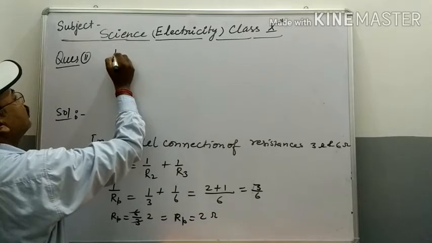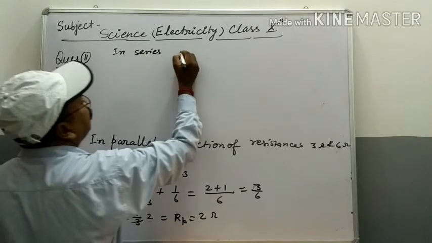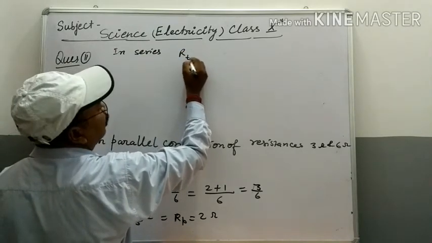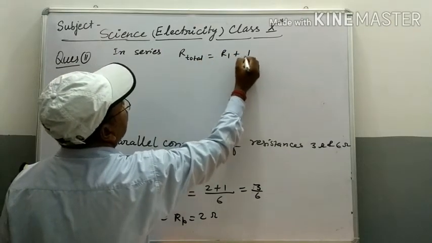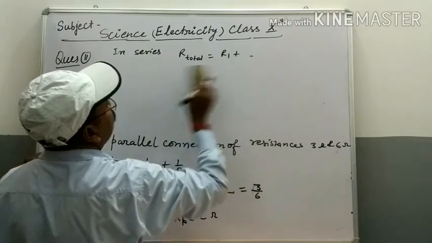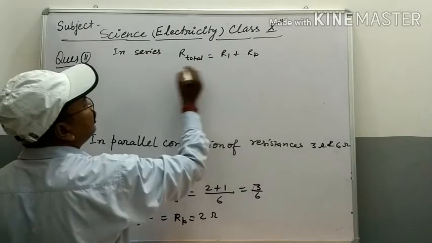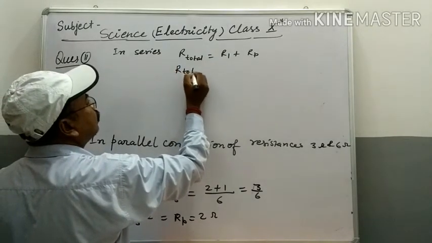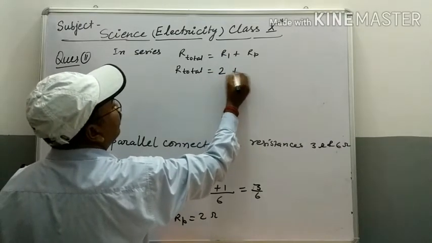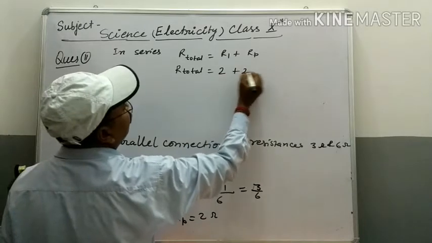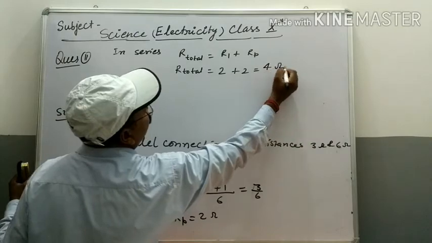In series, R total equals R1 plus Rp, the value of the parallel connection resistance. R1 is already given as 2 ohm and Rp equals 2 ohm, so the sum of the two resistances is 4 ohm.